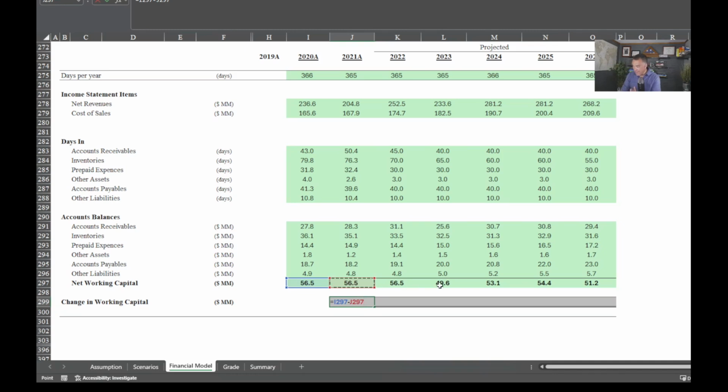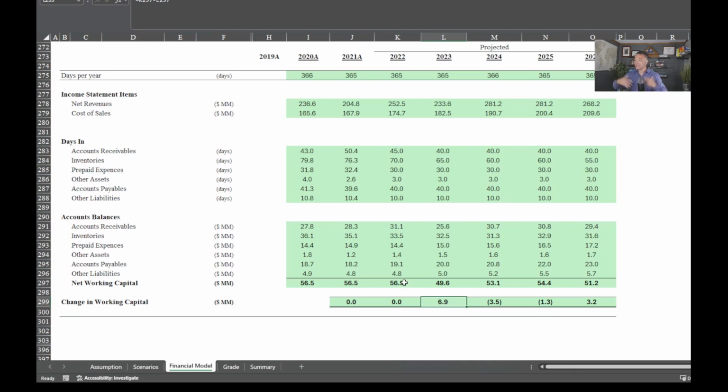If it went down, that's going to be a positive, right? If we look at 2023, it went down. So let's just add this, show you the effect of it. So look, we went from 56 down to 49.6. That's a positive on cash because assets may have went down relative to liabilities.